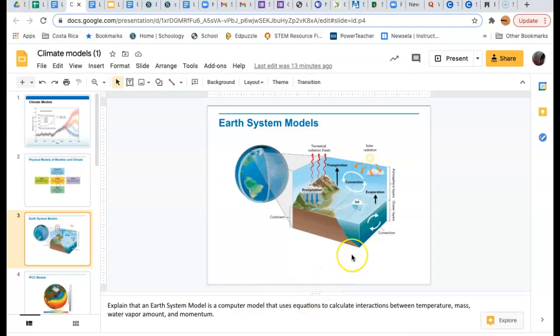And those equations connect variables such as temperature, mass of water vapor, and momentum. Momentum meaning that the Earth rotates, so the speed of the Earth's rotation. So this model uses grids, so it breaks the Earth into segments, and then it does those calculations for different segments of the Earth.